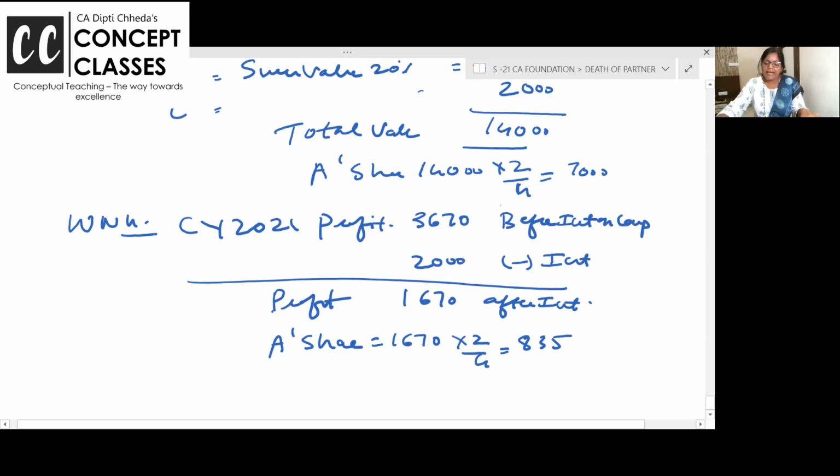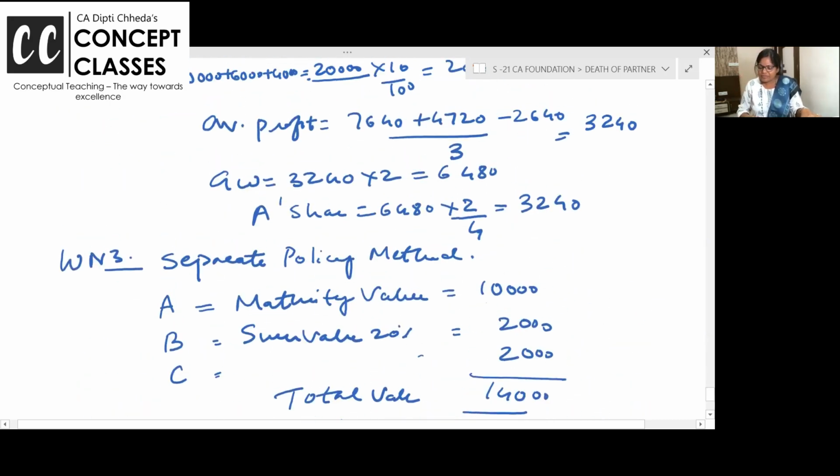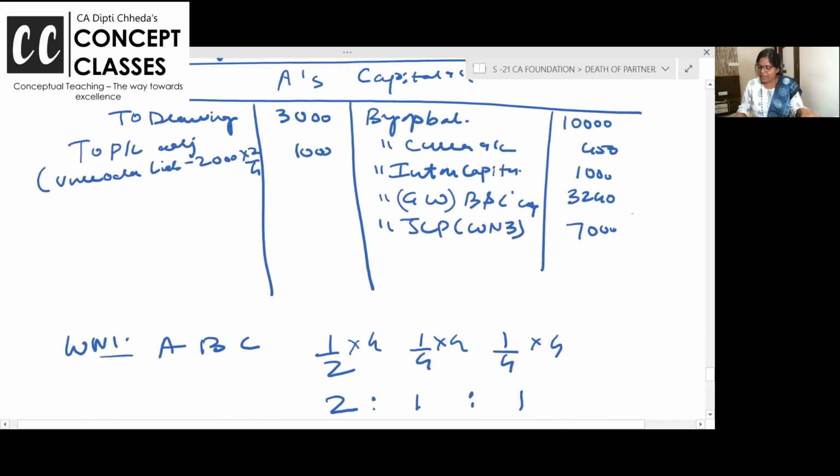So can we give 835 to A? Frankly, you know, we should do into 9 by 12. Routine problem, dear students, we should do 9 by 12. But they say give till December, we are giving 835 by P&L adjustment account. Chalo karo totals.